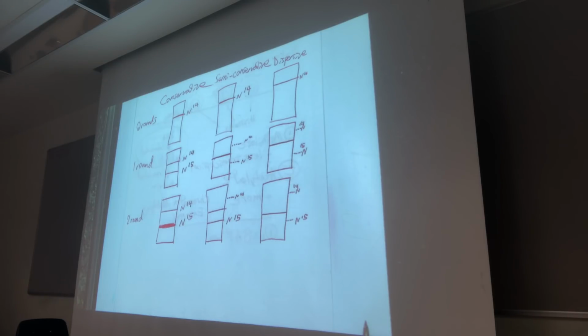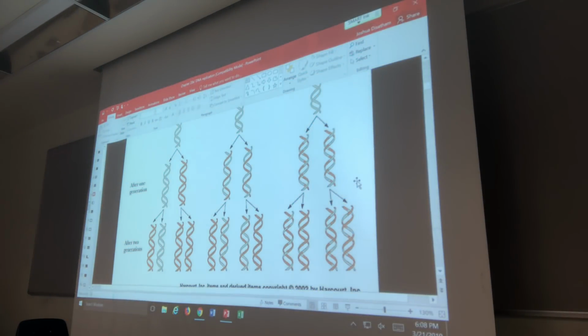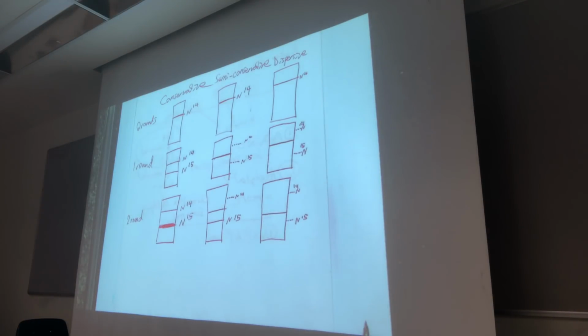Because, when I go back to the picture, dispersive replication will evenly distribute the fragments of DNA between all made samples. So it will evenly distribute all the N15 fragments of DNA, it will evenly distribute all the N14 fragments of DNA, so that all 4 copies of DNA will have the exact same amounts of N14 and N15. Because of that, you only get one band that shows up in your test tube.